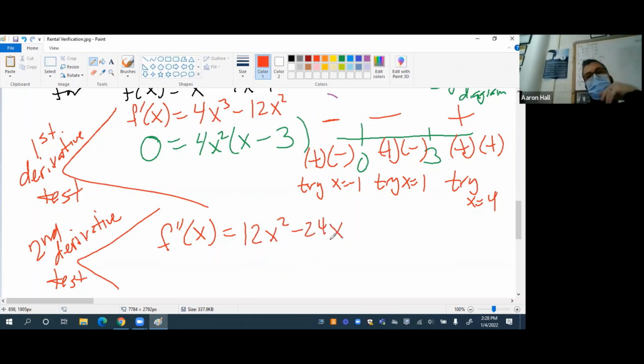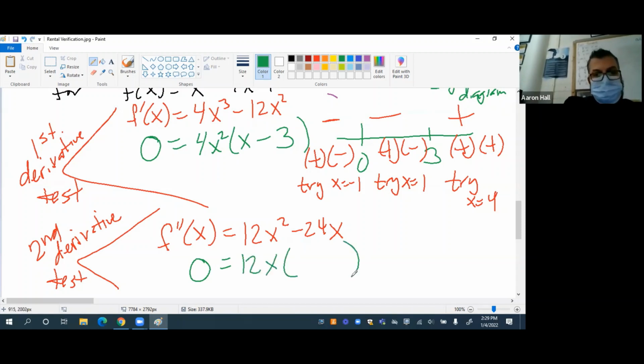Okay. Now what do I do to execute the second derivative test? Okay, it needs to be equal to 0 and then factor. What can I factor out of both of these terms? Okay, so we have 12x.